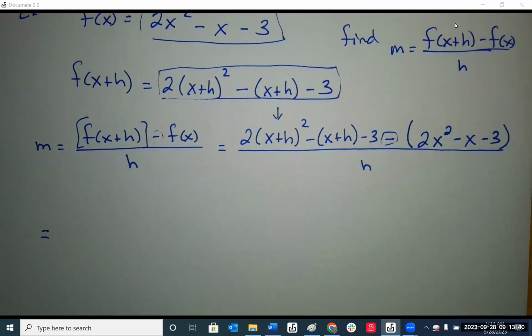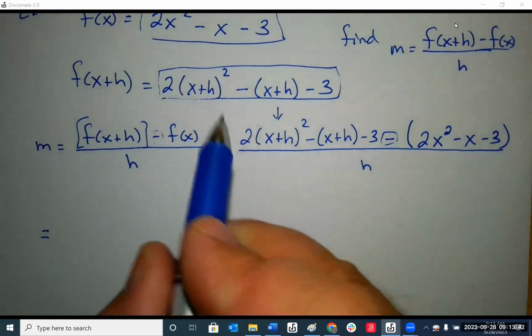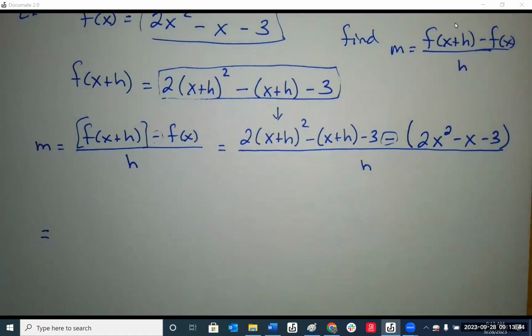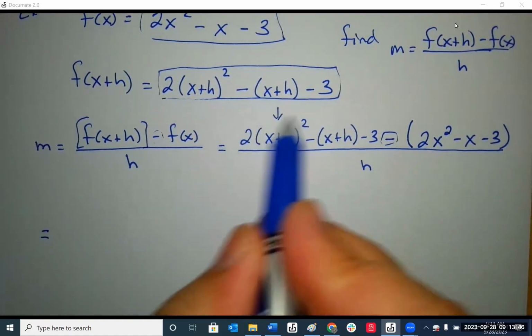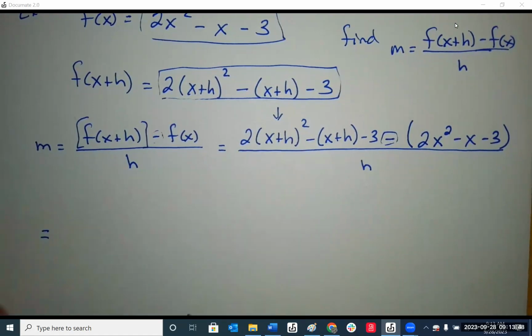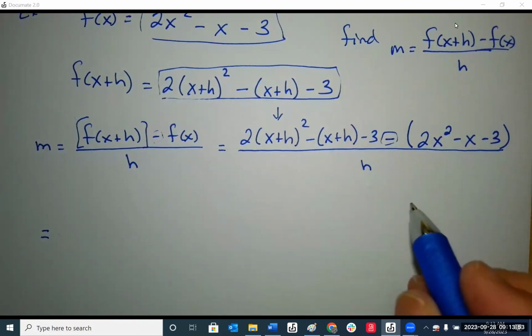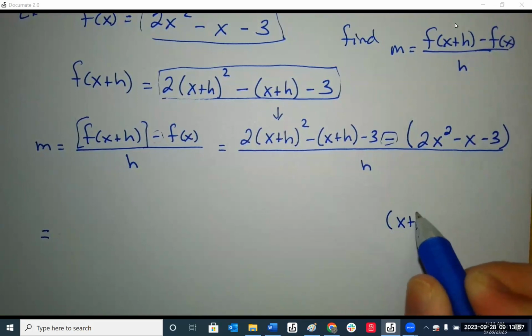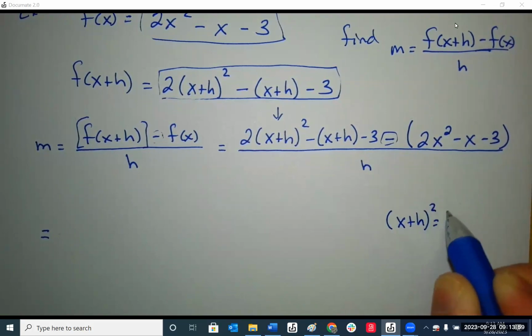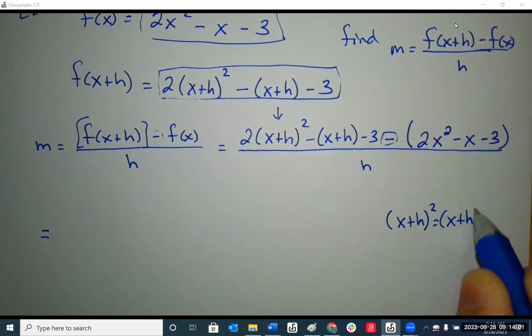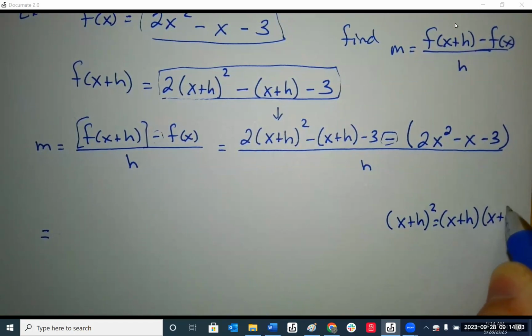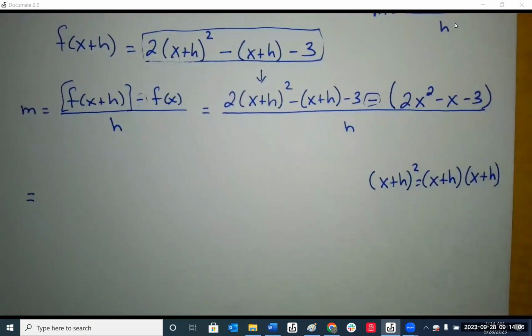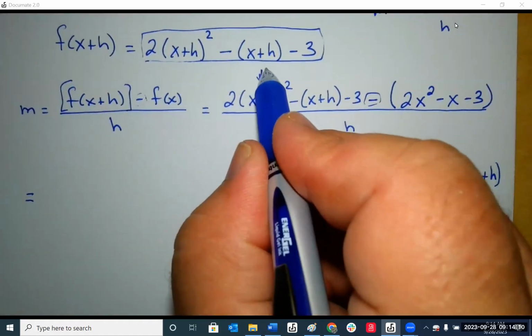And in this case, the next hard part is this part. How would you do that? (x + h)². You distribute the square? You can't. So what you have to do first is (x + h)² is (x + h) times (x + h).